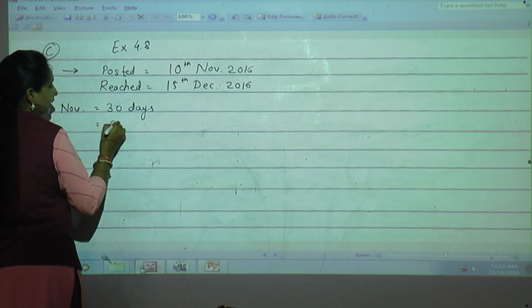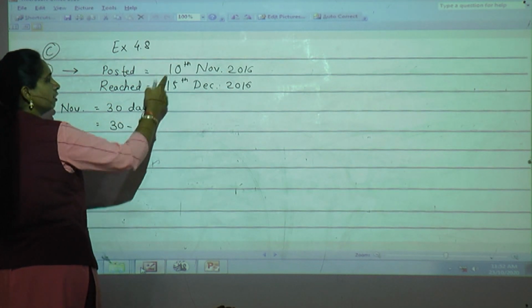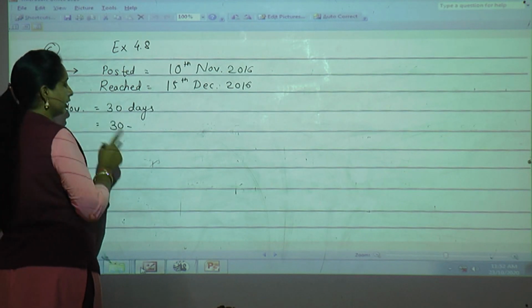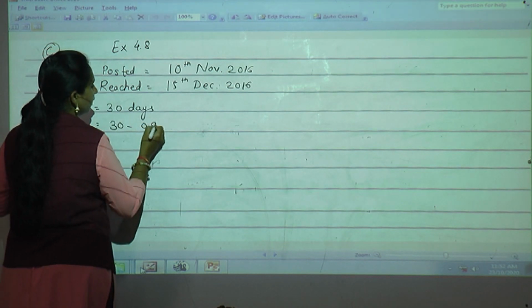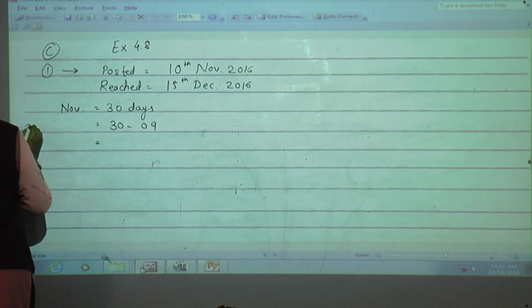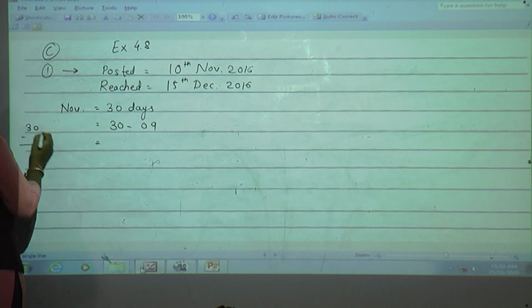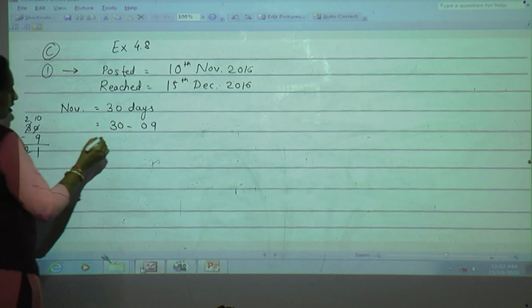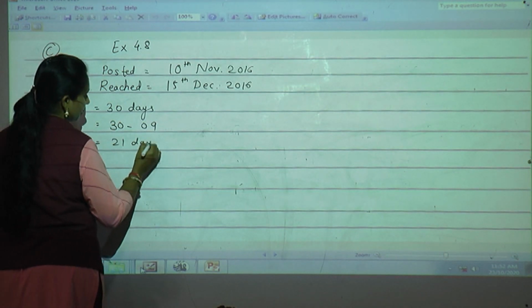Now 30 minus 10 you will do, or 9? Including 10, we have posted on 10, so we should not cut 10. We have to subtract 9 days. Now 30 minus 9. 0, carry 1, 2 will remain, 10 minus 9 is 1, 2 as it is. How many days? 21 days.